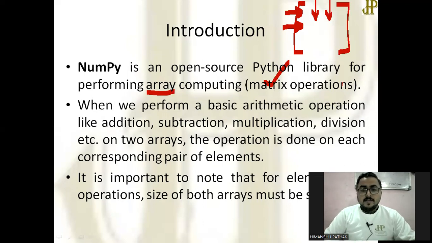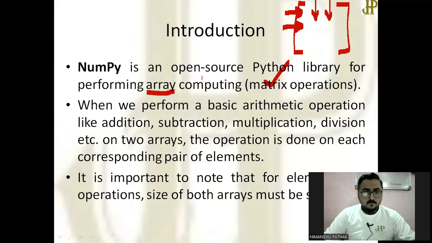When we perform a basic arithmetic operation like addition, subtraction, multiplication, division on two arrays, the operation is done on each corresponding pair of elements. That has to be remembered.